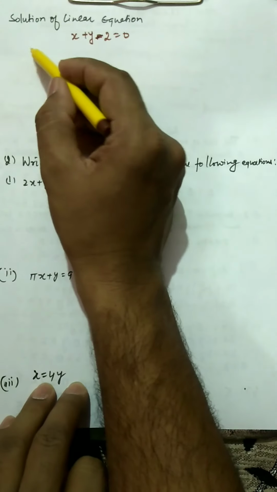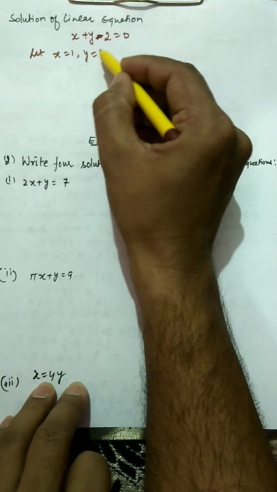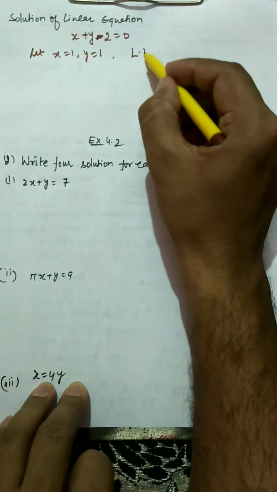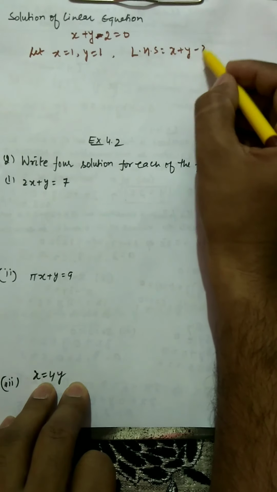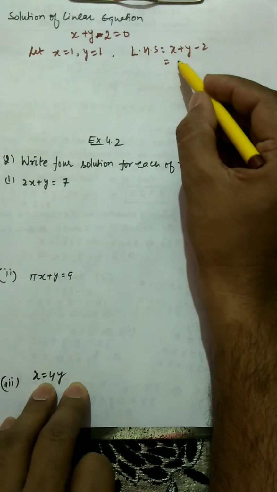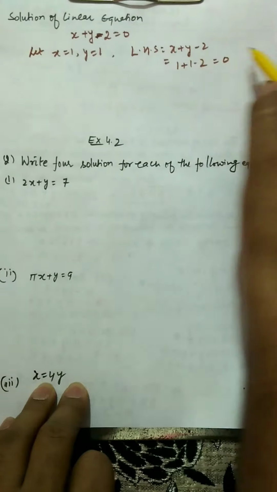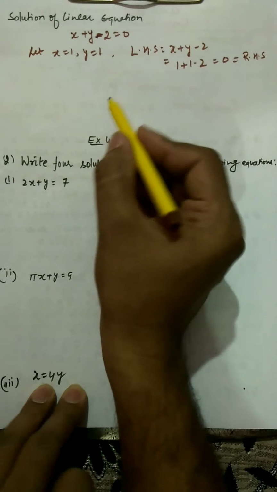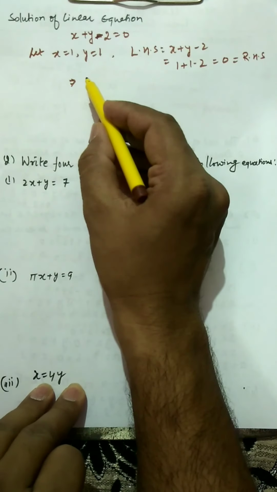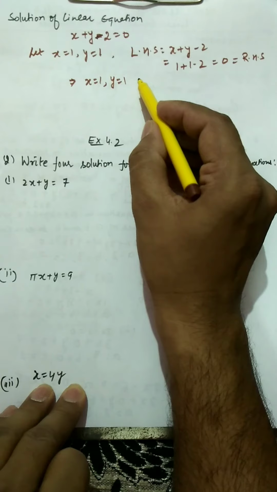For example, let x equal to 1 and y equal to 1. I put this value into the LHS. So LHS is x plus y minus 2. Put the values: this is 1, this is 1, this is minus 2. So this is going to be 0, and your RHS is also 0. So you have got LHS equal to RHS. It implies that x equal to 1 and y equal to 1 is the solution.